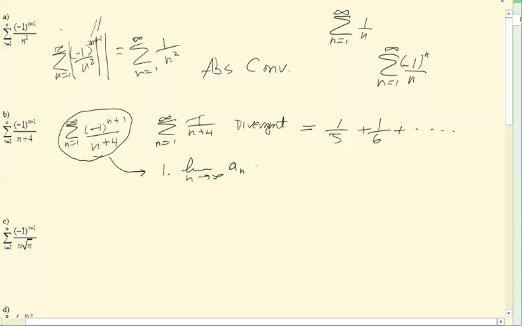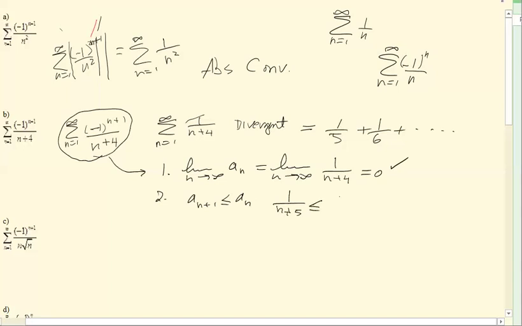of a sub n, which is this, does equal 0. And number 2, a sub n plus 1 is less than or equal to a sub n. I think it's pretty clear. Again, we could show some of that detail. A sub n plus 1 is 1 over n plus 5.